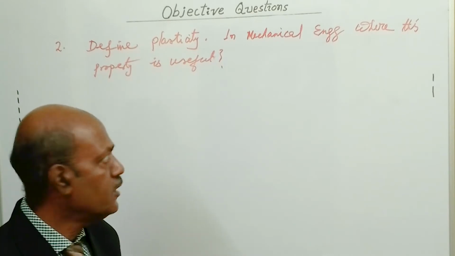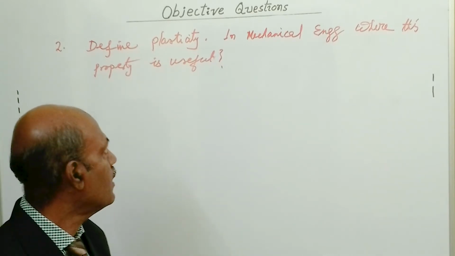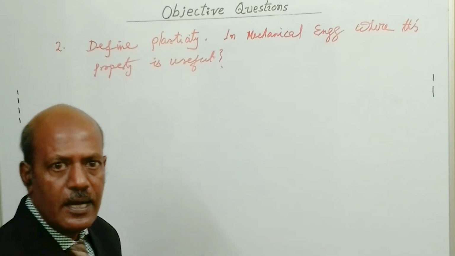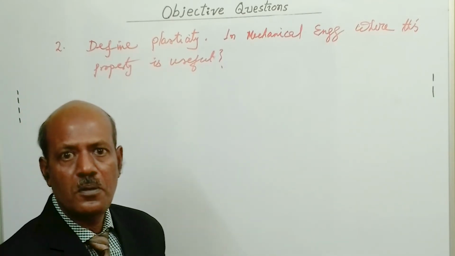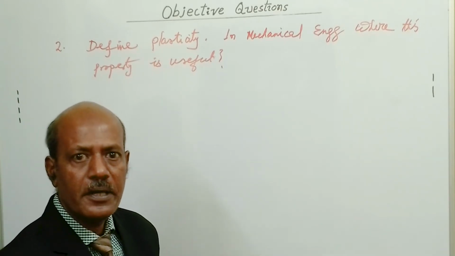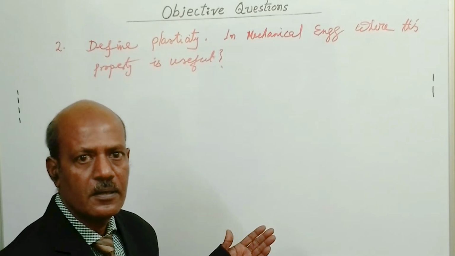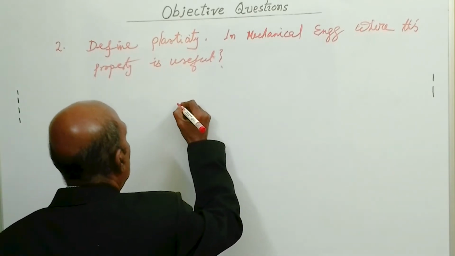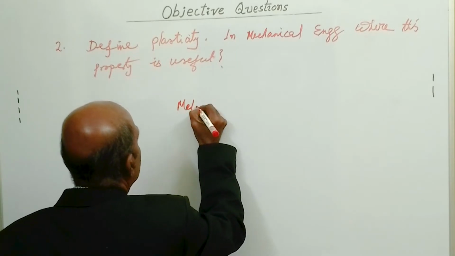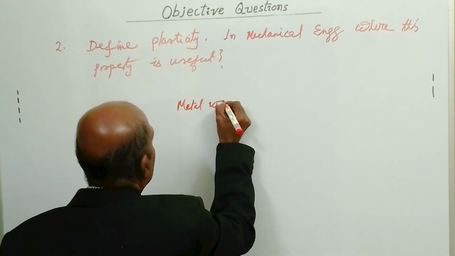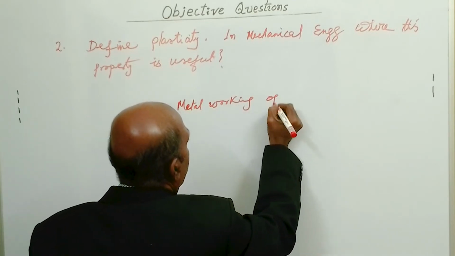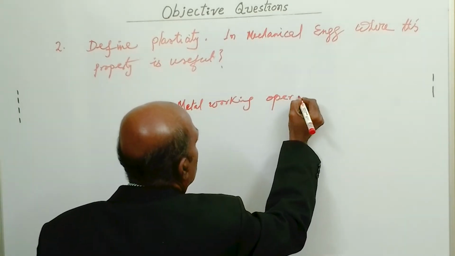Ductile material shows this behavior, that is plasticity, and in mechanical engineering that property is very much useful when the products are made by using deformation. So in all the metalworking operations, this property is very much useful.